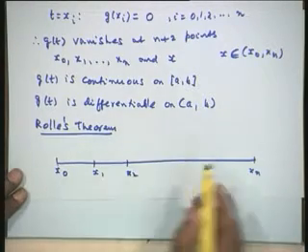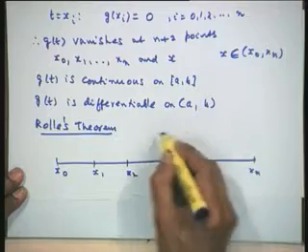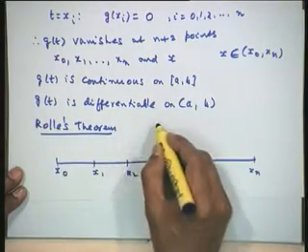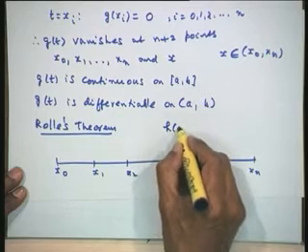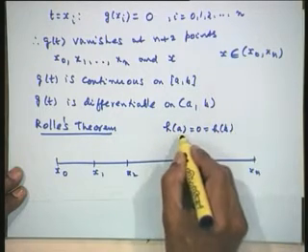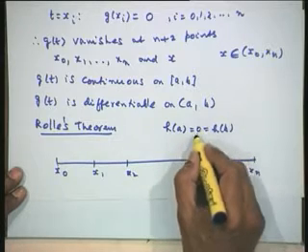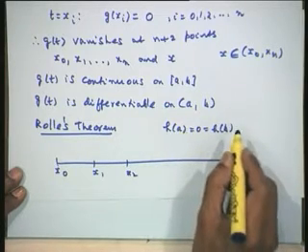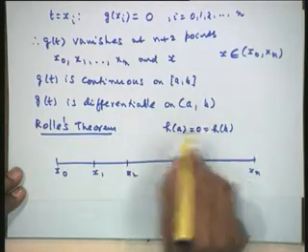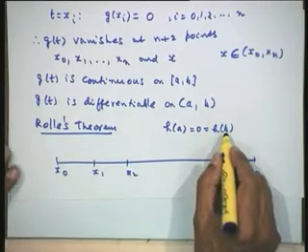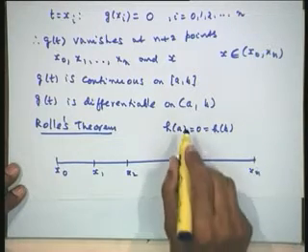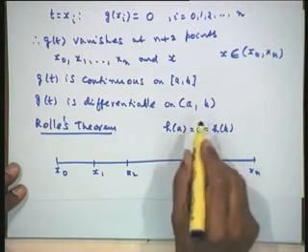Rolle's theorem states that if you have a function h(x), with h(a) equal to h(b), in fact they need not be equal to 0, and h is continuous on [a, b], differentiable on (a, b), then there exists at least one point between a and b where the derivative of h will be equal to 0.